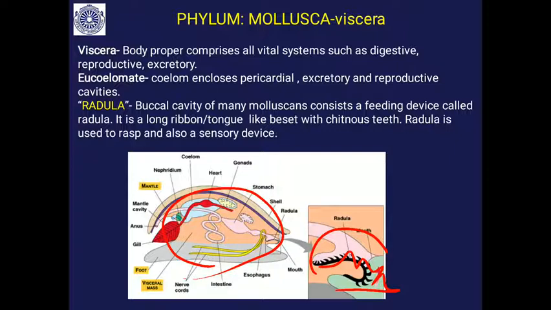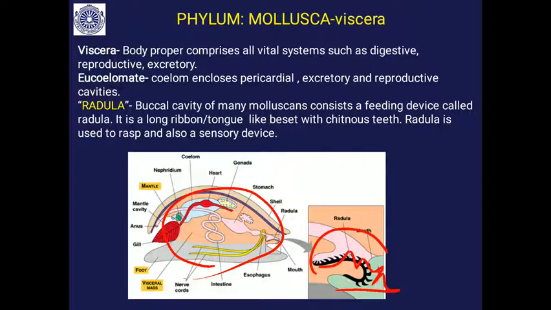It also acts like a sensory device. Some molluscans, the filter feeders, may lack this radula, but in the majority of forms the mouth has a radula. It is used for rasping or scraping food, such as marine algae, and also for wayfinding because it has some sensory structure.